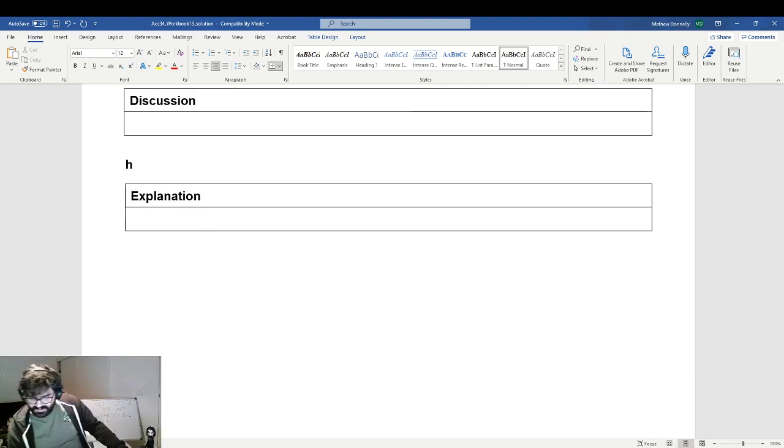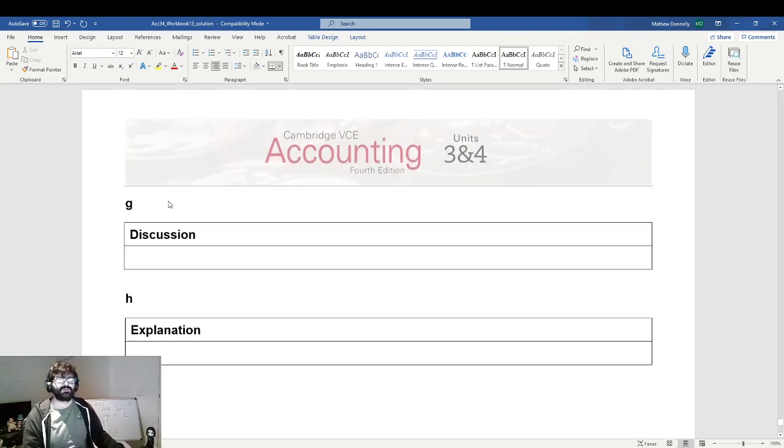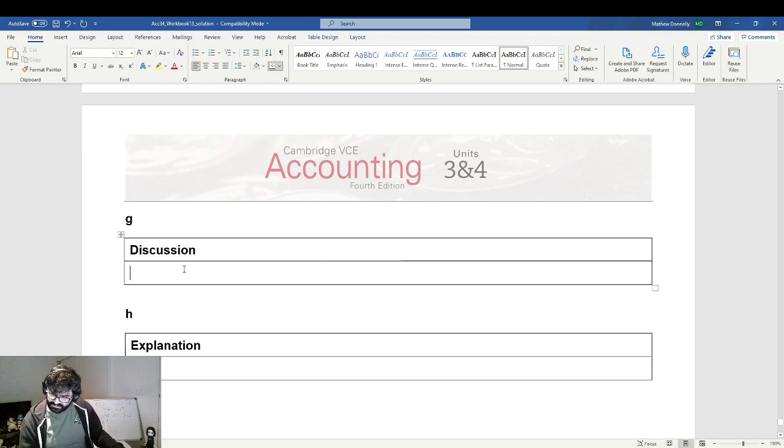And G, referring to at least two qualitative characteristics, explain the ethical considerations of reporting for depreciation. So the first one, I believe, is faithful representation.